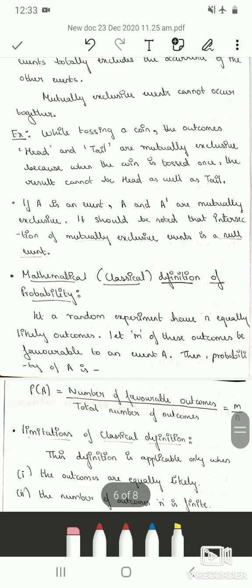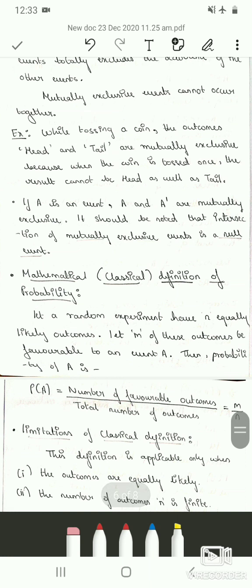So such types of events are called mutually exclusive events. If A is an event, A and A dash are mutually exclusive. A dash is nothing but the complementary event of A. It should be noted that intersection of mutually exclusive events is a null event.